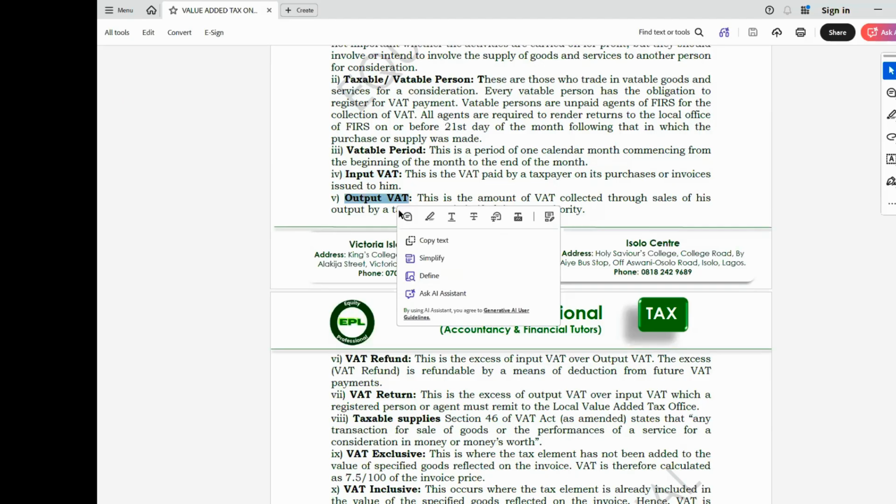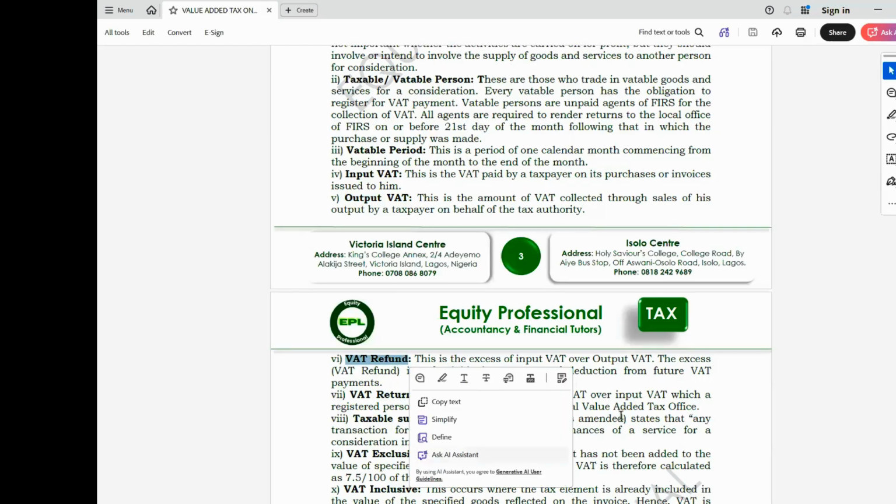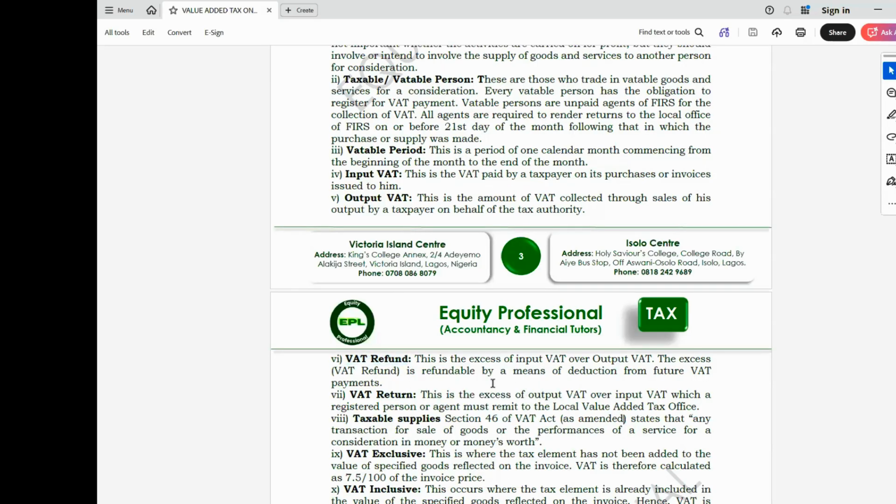You can also have a scenario whereby your input VAT will be more than your output VAT in any period. So that means you have a refund, a claim to make from the relevant tax authority, because you have suffered more than what you collected. That will give rise to a VAT refund, which is the excess of input VAT over output VAT.